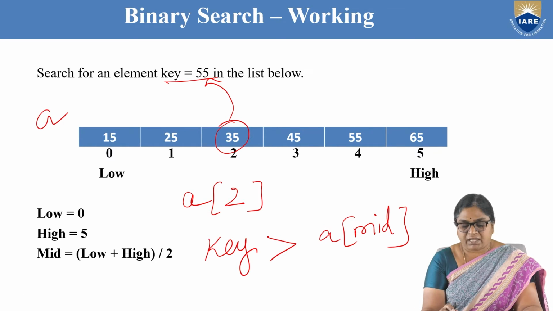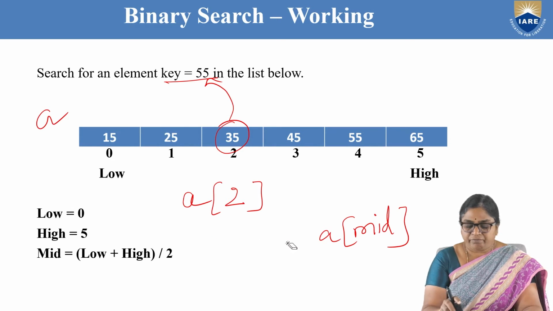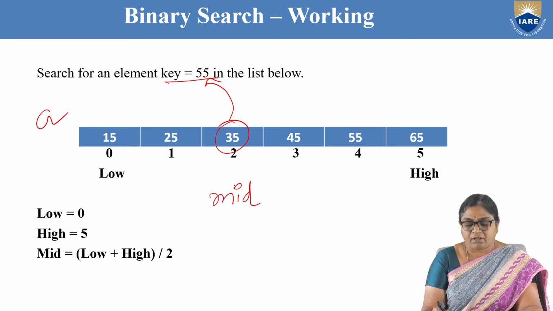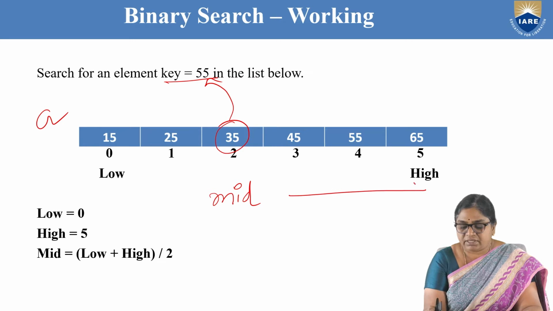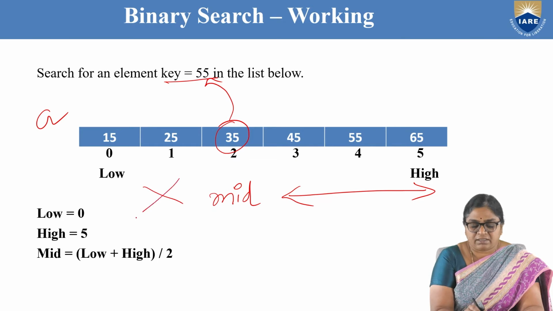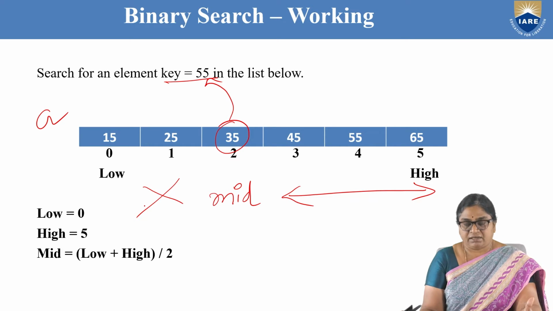So here in our case, key element is greater than A of mid. This is the middle element. So our key element is more than the A of mid, so we have to check for that key element in the second half, that is on the right hand side. We have to discard the left hand side list.